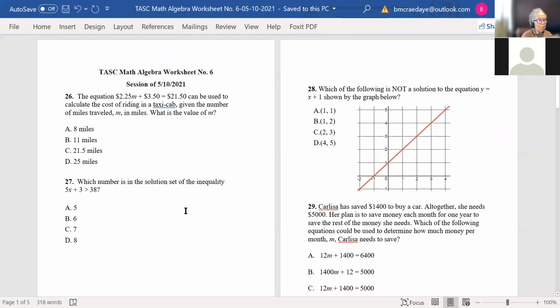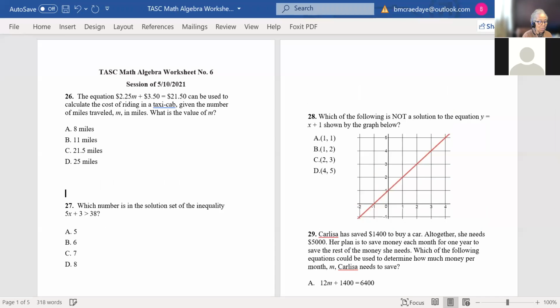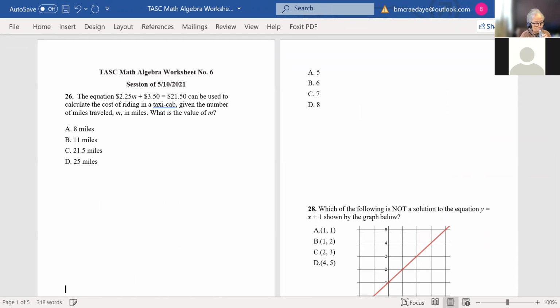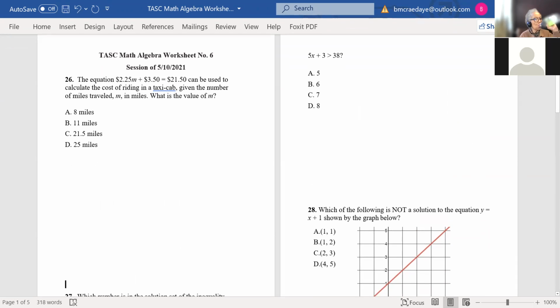So that took us up to 25. And Maureen, I'm going to give you a few minutes on this one. You read it and then tell me the answer. This is new, right? Yes, 26.